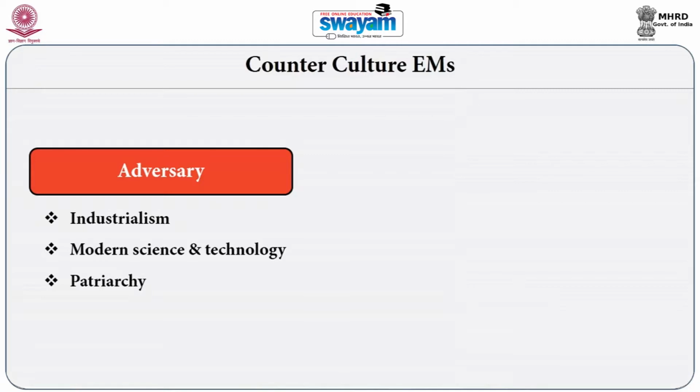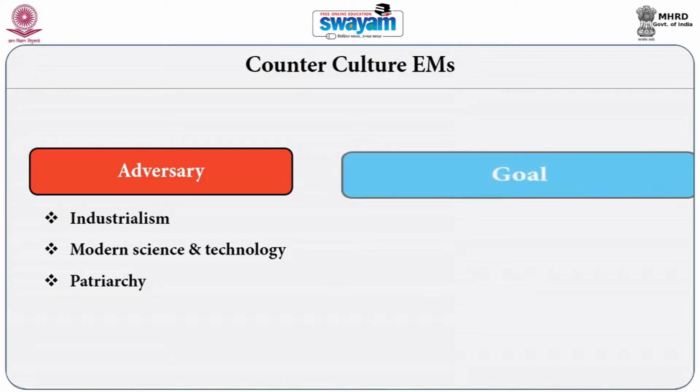In that sense, counterculture environmental movements are not necessarily single issue movements which talk only about nature. These environmental movements question the larger ideology of the society. They question the larger existing pattern of organization in the society. So they argue against anthropocentrism as well as against the patriarchal social order.